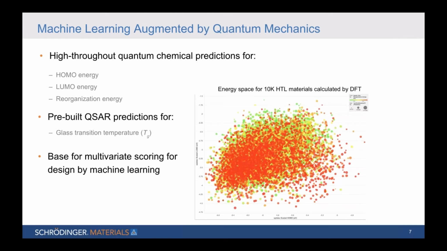So once we understand the chemical space we are looking into, the next thing when we design material in general is we're hoping that it will have the desired property profile. In this case study, we are looking at some of the most important optoelectronic properties that are critical for these types of materials.